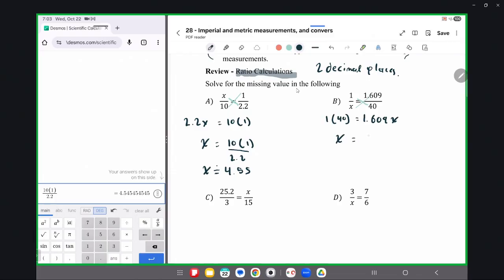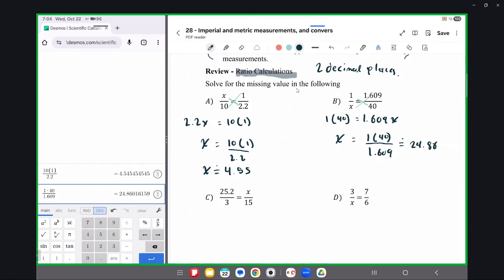And we get x is equal to 1 multiplied by 40 divided by 1.609. And so on your calculator, you can go ahead and type that in. Again, I'm just using the Desmos scientific calculator today. And we get a solution here of about 24.86, some sort of units.